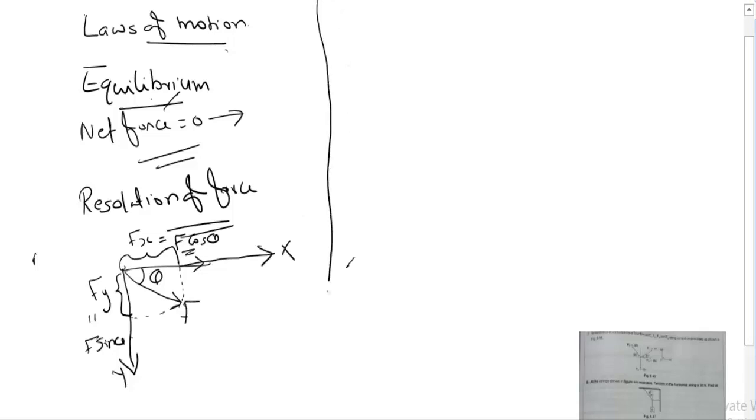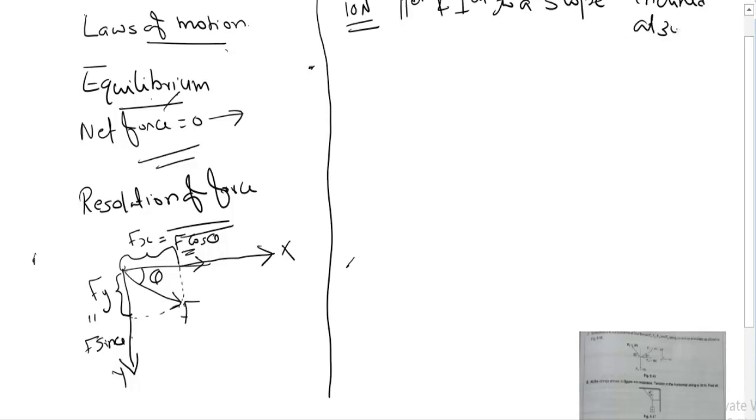So next we are going to solve some questions. Okay, so here: resolve a weight of 10 Newton in two directions which are parallel and perpendicular to the slope, for a slope which is inclined at 30 degree.